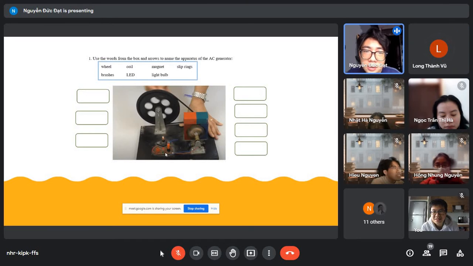LED is a short term, right? So what is the light emitting diode. Yeah, it's light emitting diode. So it is a diode, right? So what is the characteristic of the diode?